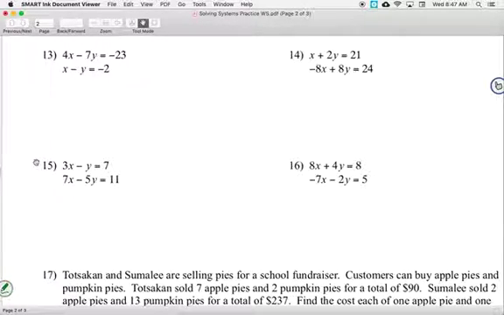So the hard part about this is, do you know what I would do in these cases? Not substitution, right? But we're going to talk about how to do it by substitution. I would do this by elimination, because I would multiply the bottom equation by what? 7, or 4. Either one would get me like terms.